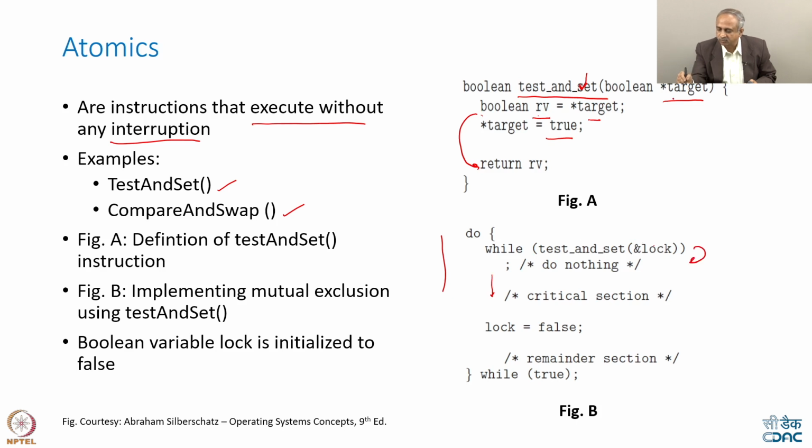The moment it is true, that means somebody else is using it. So it will keep waiting till it becomes false. When it becomes false, you will go to the critical section, perform it, and now you make it false, because now you have finished the critical section. So what have we done here? We have implemented a mutex by using an atomic instruction called test and set.